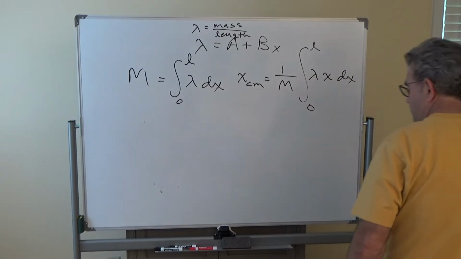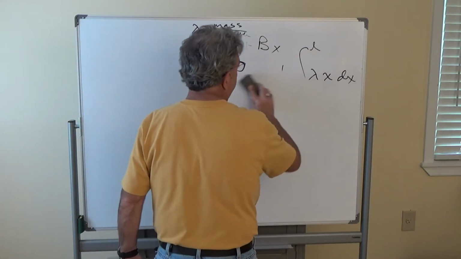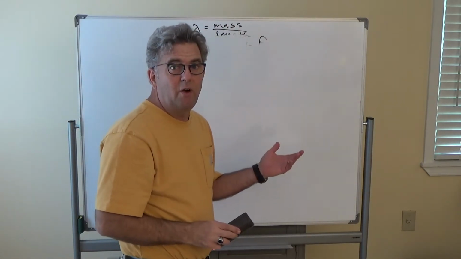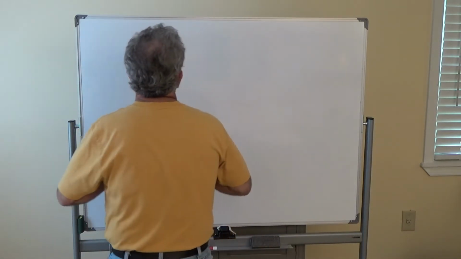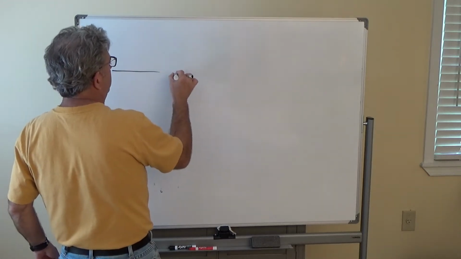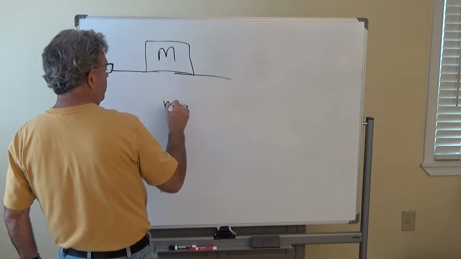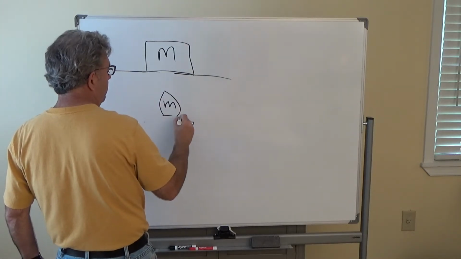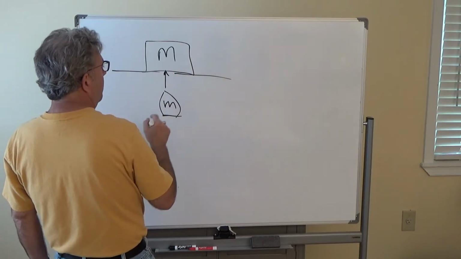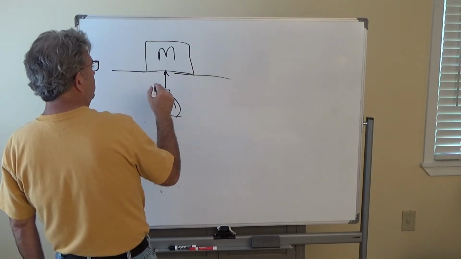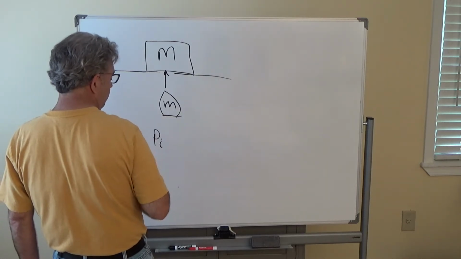Okay. So in this case, this is one I know how to do, I think. In this case, here's the block. Call it big M. Here's little m coming in, striking the block. Okay? So what you can do is, this would be calculate the initial momentum, P initial.